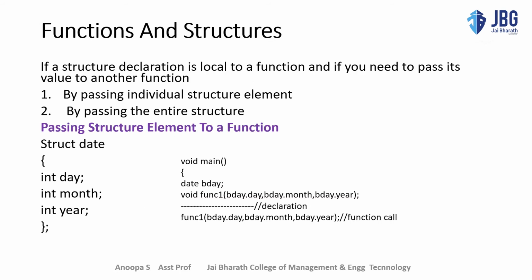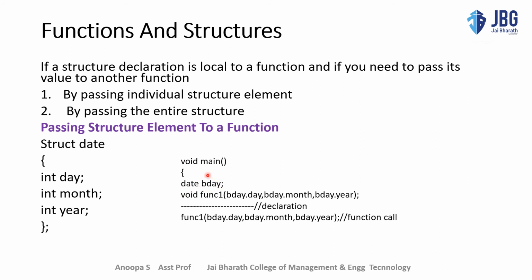Now functions and structures. If a structure declaration is local to a function and you need to pass its value, we have two options. One is passing individual structure elements and another is passing the entire structure. First we will see how we can pass a structure element to a function. This is a date structure. We have already seen this. This is my main function. Now see, date birthday.